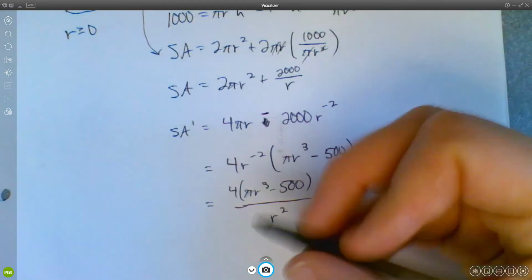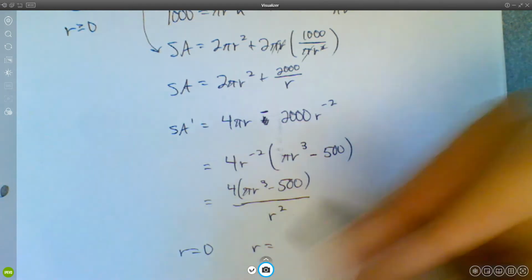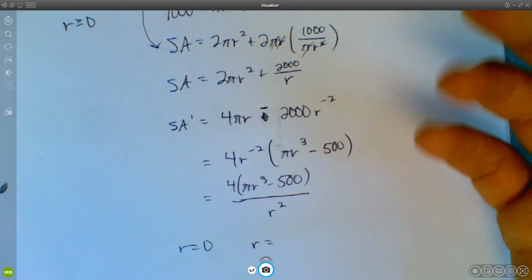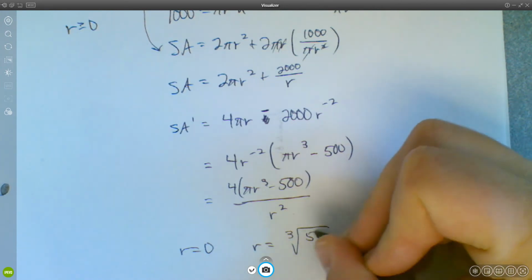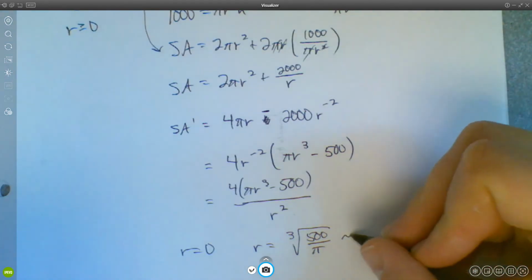So we're going to get critical values when r equals 0, and when r equals, if we set this equal to 0 and solve, we would add 500, divide by pi, and then take the cube root, right? So we would get cube root of 500 over pi. 500 over pi to the 1/3 power is about 5.4-ish.